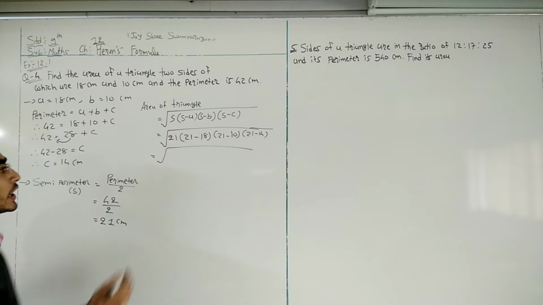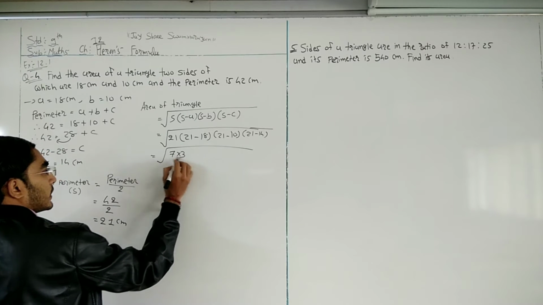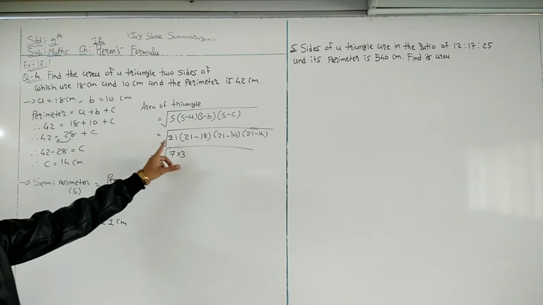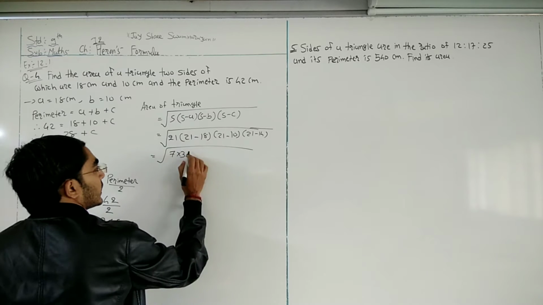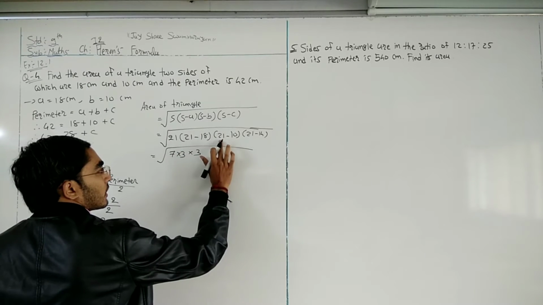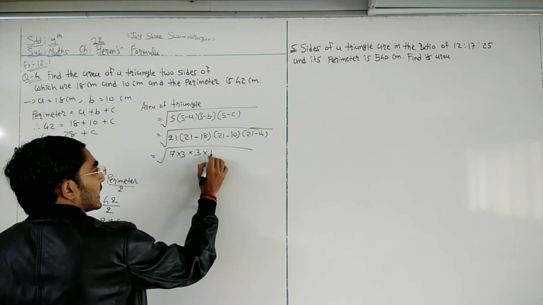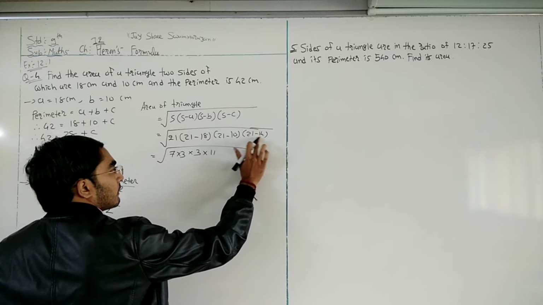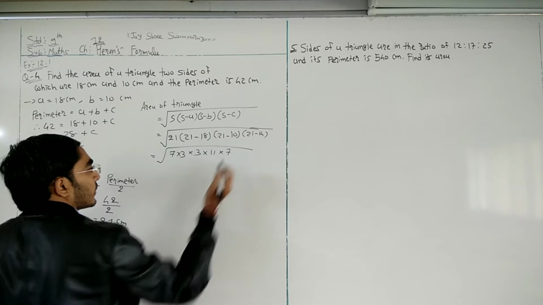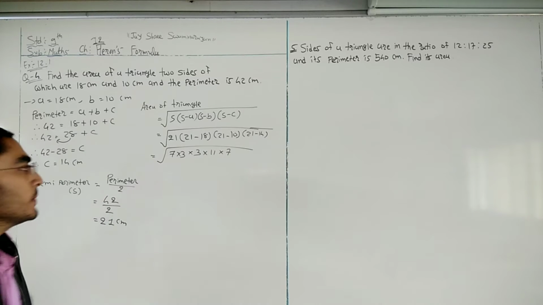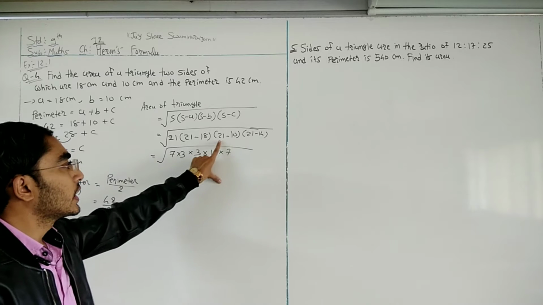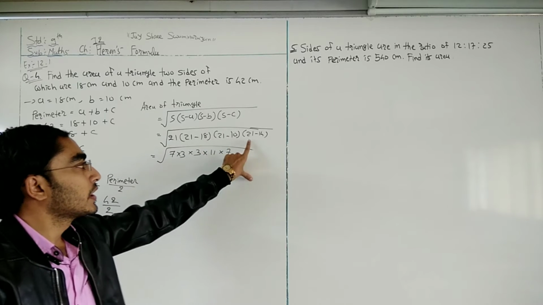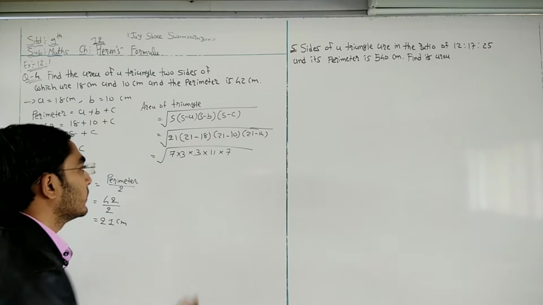Now here 21, that means 7 threes are 21. Now 21 minus 18, 3; 21 minus 10, 11; 21 minus 14, 7.